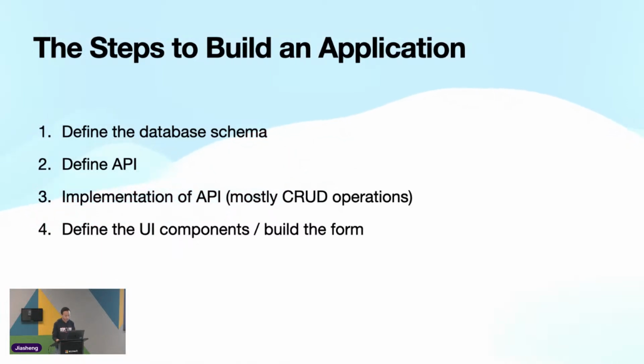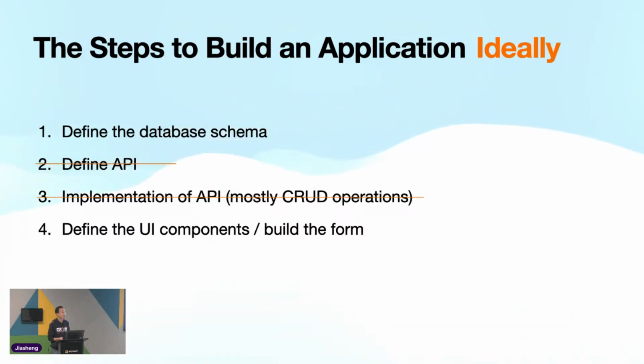But if you think about it, ideally maybe we could do just two steps. Modern frameworks like SvelteKit and Next.js already do a lot of the work. In SvelteKit you have the load function and actions, and in Next.js you have getServerSideProps. Usually you don't need to define the API; it's already there.